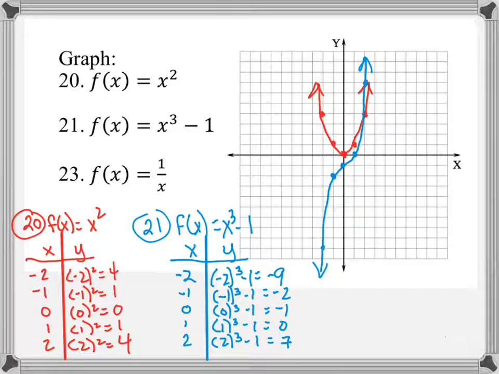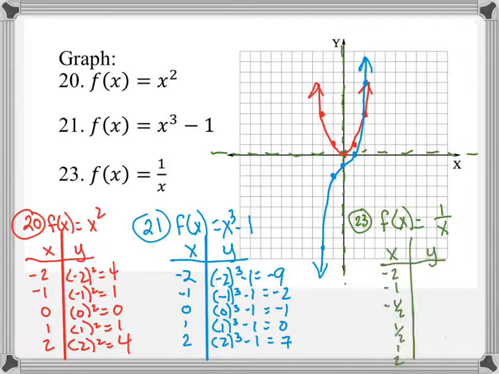Our third one is the reciprocal function. So f of x equals 1 over x. Now, this has 2 asymptotes, one on the y-axis and the other on the x-axis. And I can use asymptotes to help me graph this. Often if you include asymptotes on a graph, you do it by using dotted lines. I'm going to create a table of values.